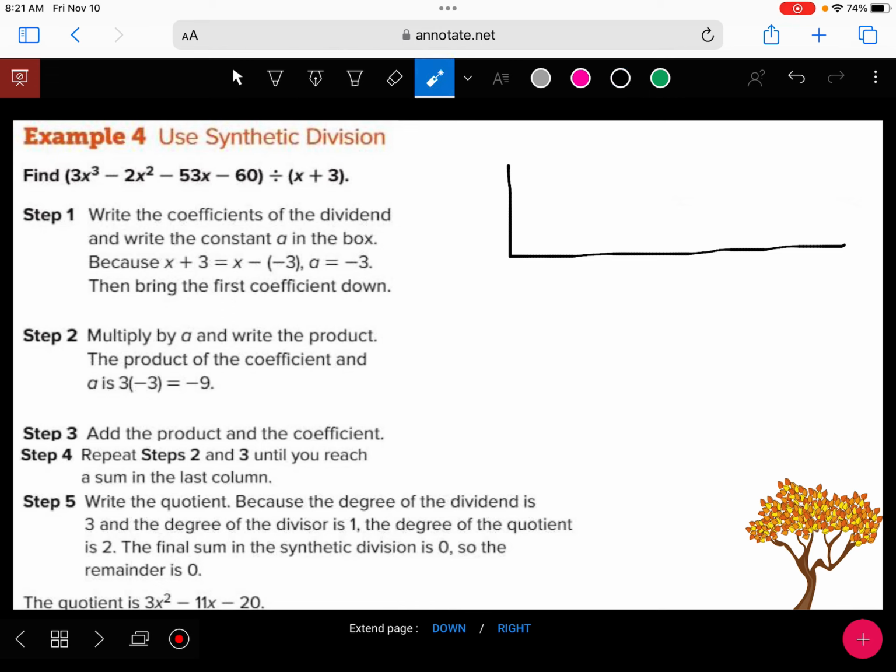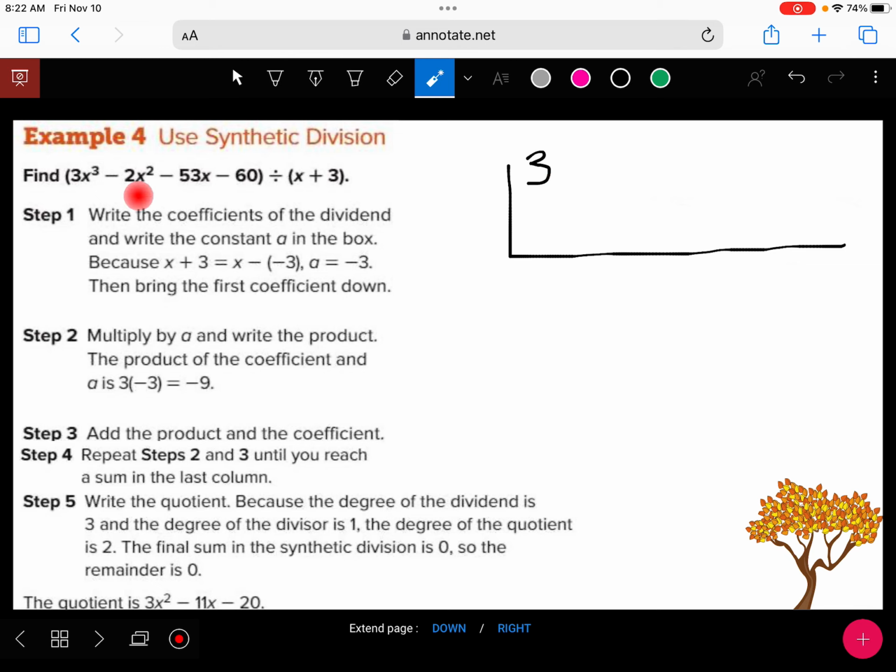Inside the box, we are going to put our coefficients in order, without skipping any terms or any numbers, from left to right. So I'm going to take my coefficient of x cubed, which is 3. So we have 3x cubed, so I'm going to put a 3 right here. Leave yourself a little space, you need a row.